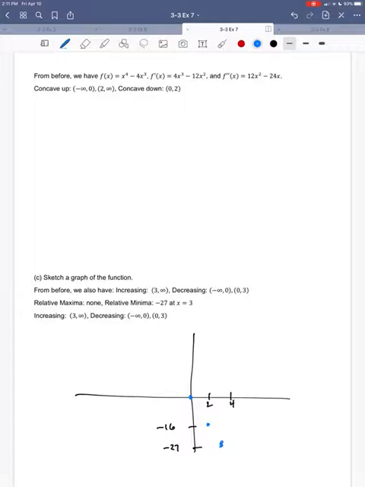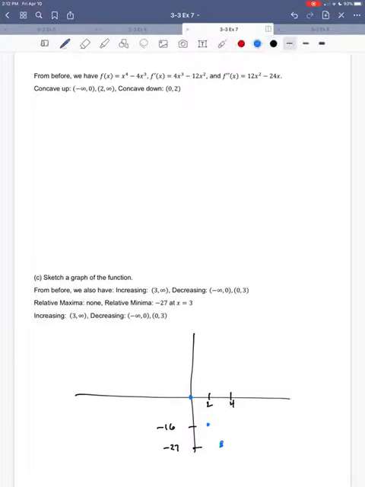So what we have to have then, it's going to be concave up from negative infinity to 0, and it's decreasing from negative infinity to 0. So it's going to be decreasing, but it's going to be concave up, bowl-shaped up. It's still decreasing from 0 to 3, but it's concave down from 0 to 2.